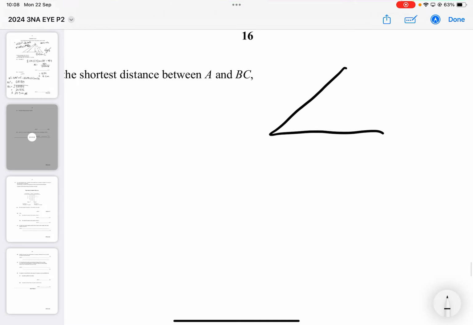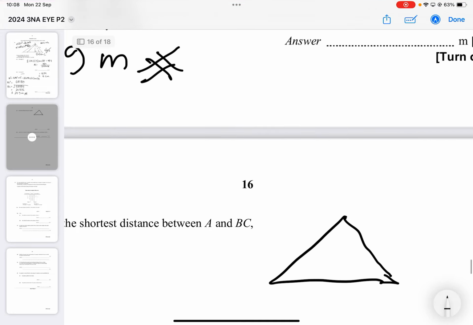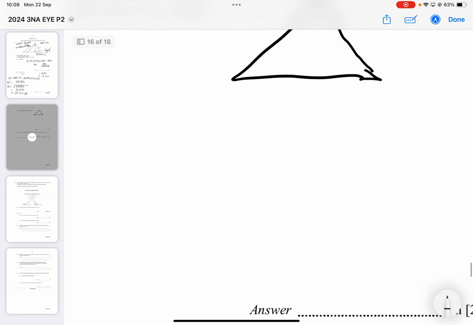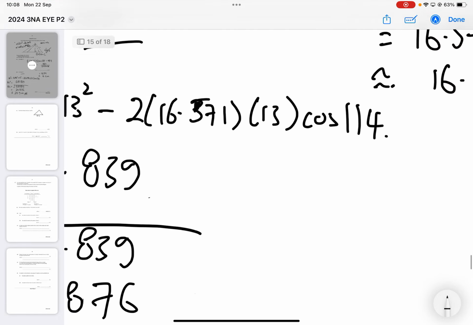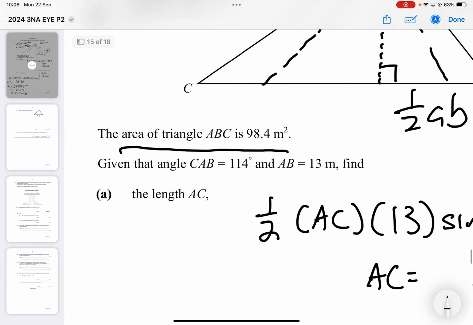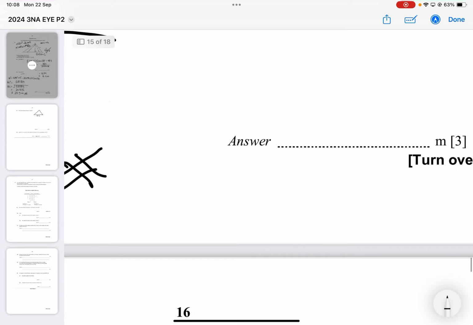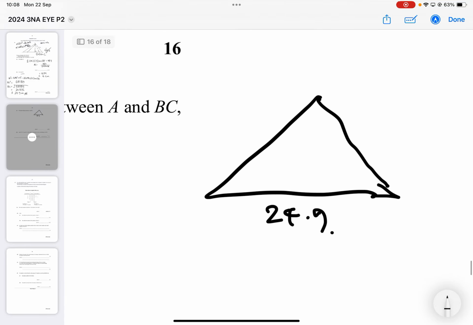So what they say is, now there is this triangle. I know the base is 24.9. And they told me that the area is 98.4. Then now I want to find back what is this height.